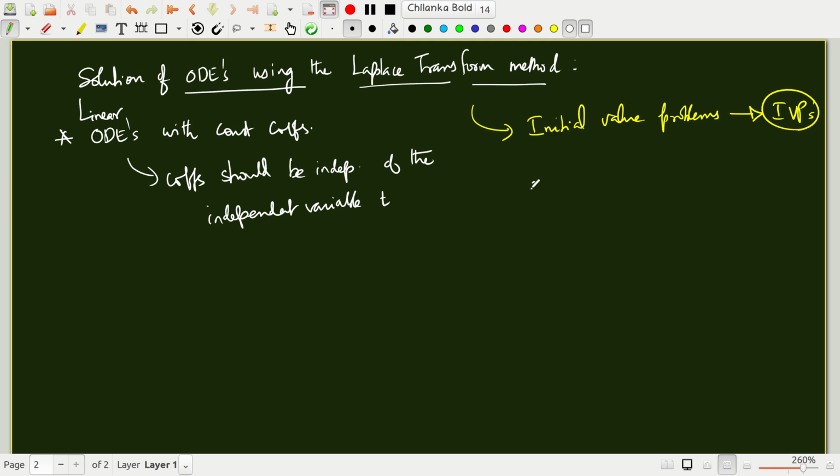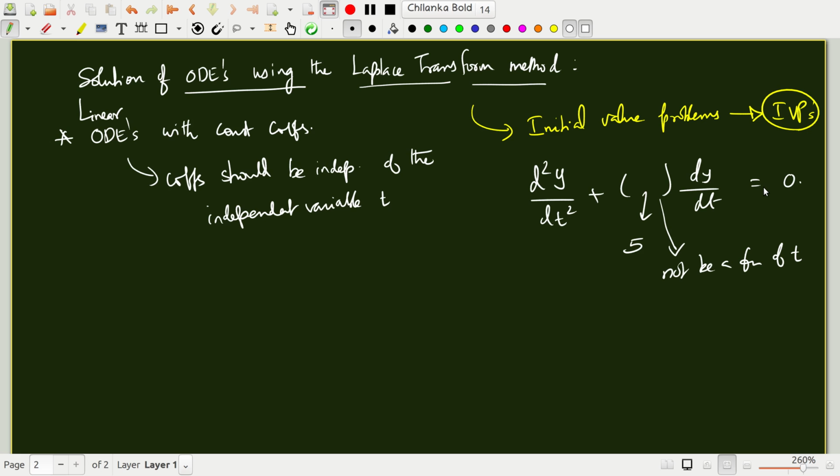So the coefficient should not be a function of time, it should be some constant number like 5 or something like that.